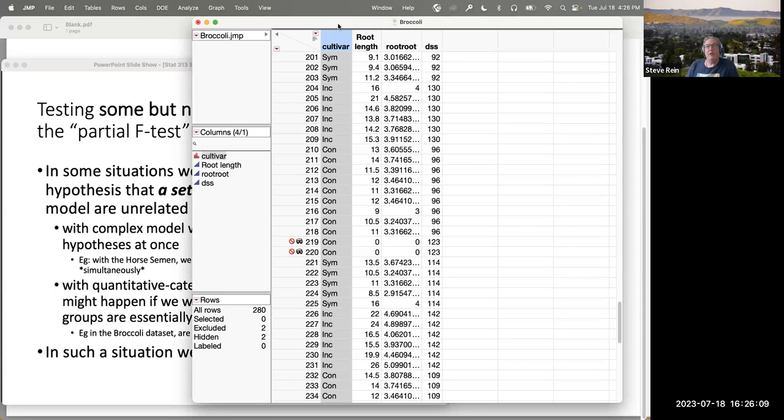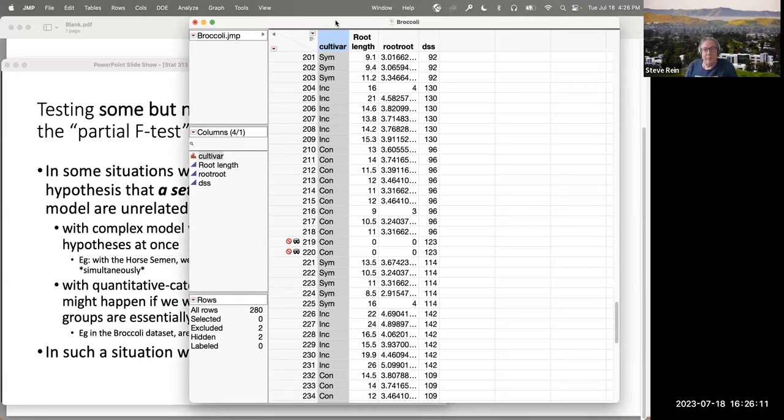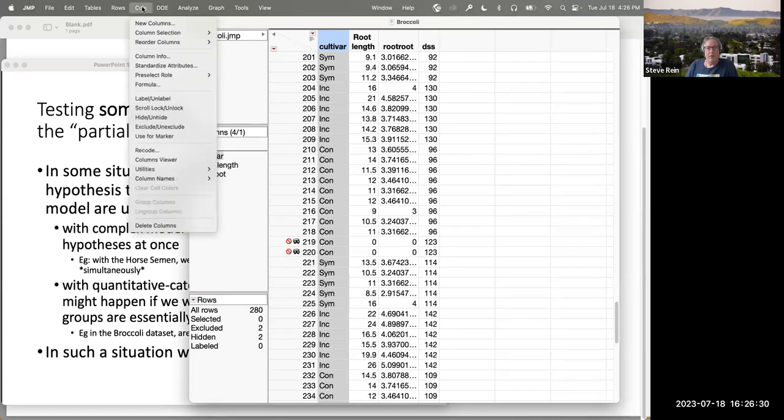To get those dummy variables or indicator variables that correspond to the indicator parameterization, we could simply highlight the whole column that corresponds to the variable that we would like to have indicator values for. Now that I've highlighted the cultivar here, I could under Columns, under Utilities, make indicator columns for the three cultivars.